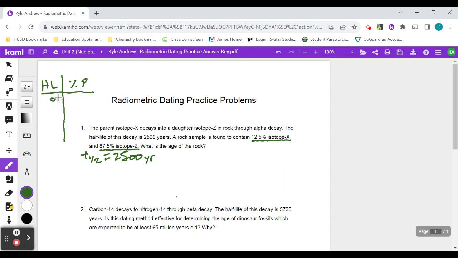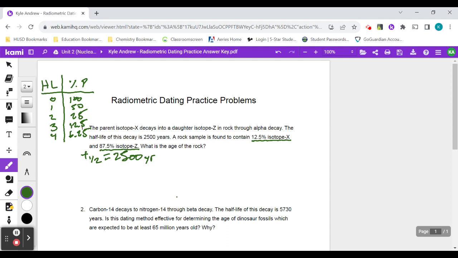So after 0 half-lives, we have 100% parent. After 1 half-life, we have 50% parent. 2 half-lives, 25% parent. 3 half-lives, 12.5% parent. 4 half-lives, 6.25% parent. Okay? So we have 12.5% of the parent isotope, which means we've gone through 3 half-lives.